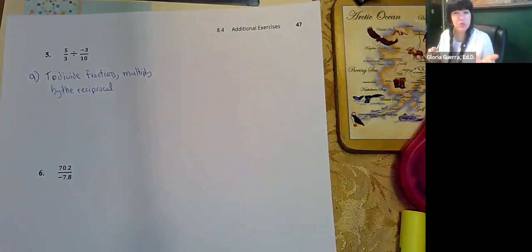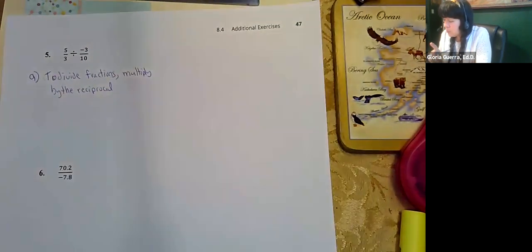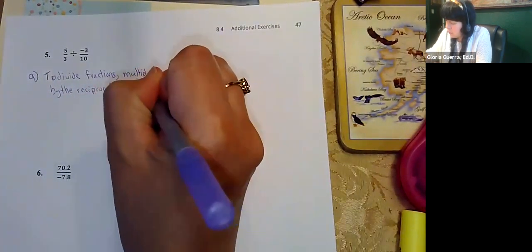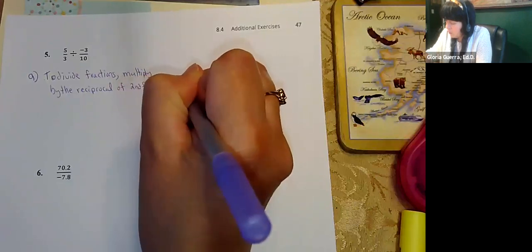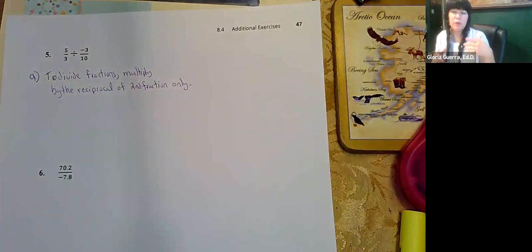So to divide fractions, you want to multiply by the reciprocal. And so you might be saying, what does she mean by reciprocal? Okay, so to divide fractions, you want to multiply by the reciprocal of the second fraction only. Because sometimes people say, do you do the reciprocal on the first one too? On both of them? It's only on the second one, only on the second one.